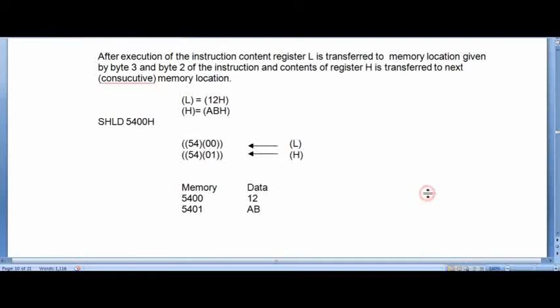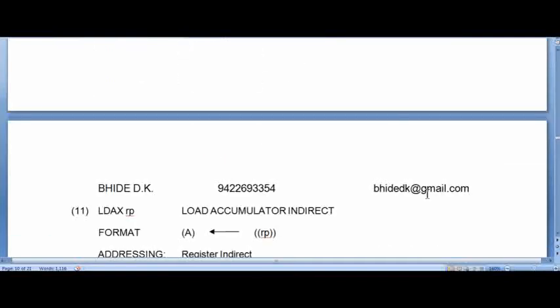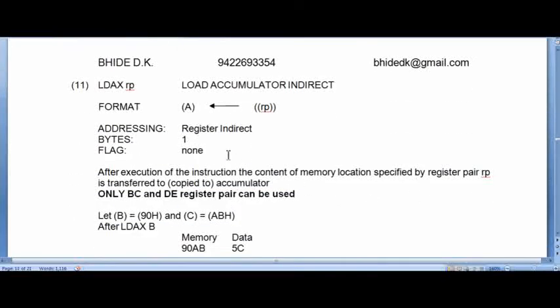Now let's move to the next instruction of the group, which is called LDAX RP. Just like L means load, we have to bring to the accumulator. From where do you have to bring?